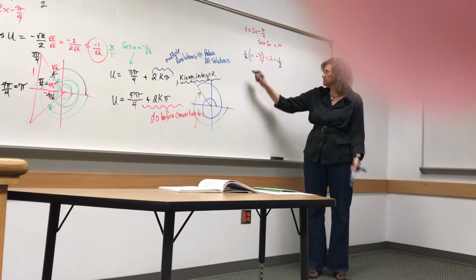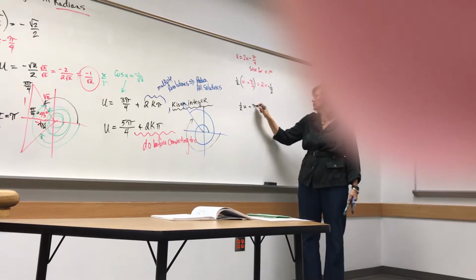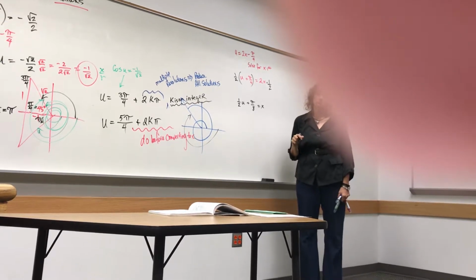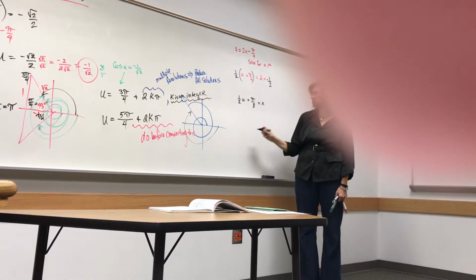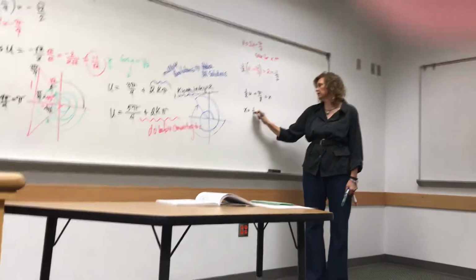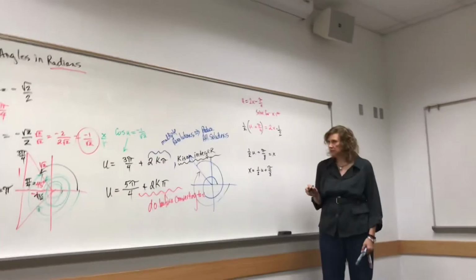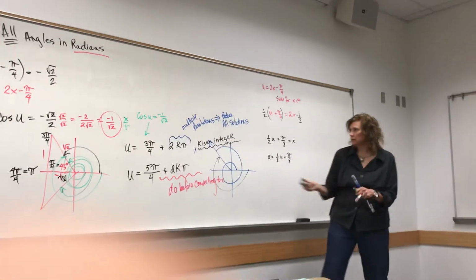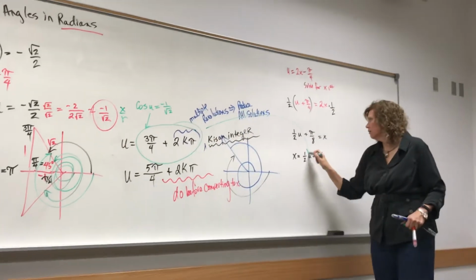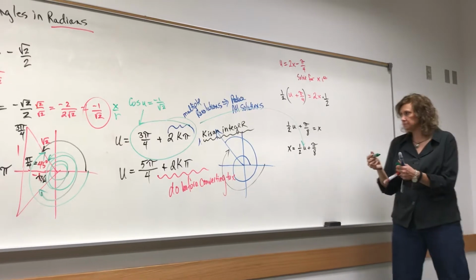So what do I get? 1/2 u plus pi over 8 is equal to x. Now I'm just going to flip-flop sides. x equals 1/2 u plus pi over 8. Now we have to do it individually: plug that u in, and then take the other one and plug it in.